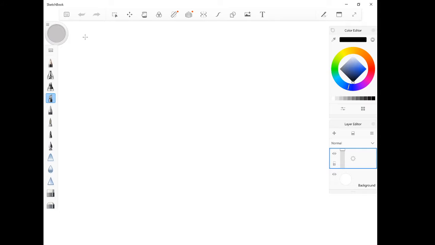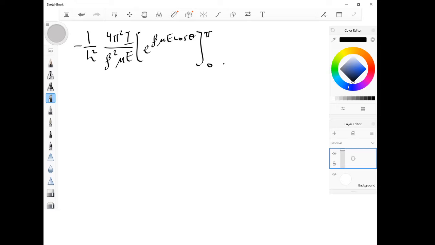After the integration, you get minus 1 on h bar, 4 pi I, beta squared mu E, e to the beta mu E cos theta from pi to 0.